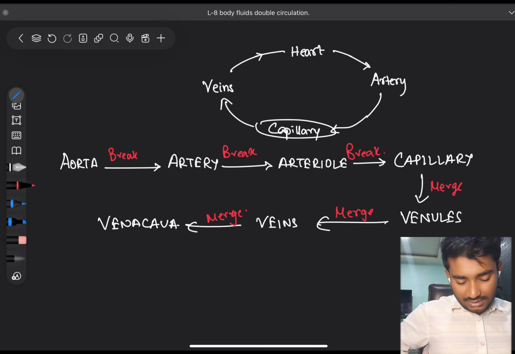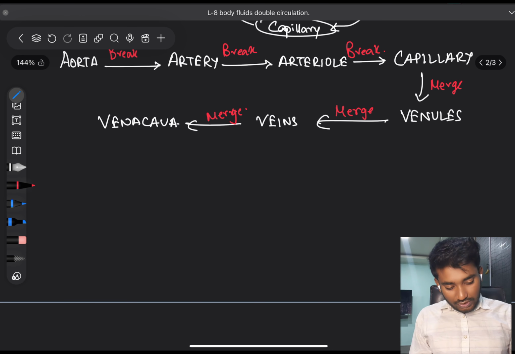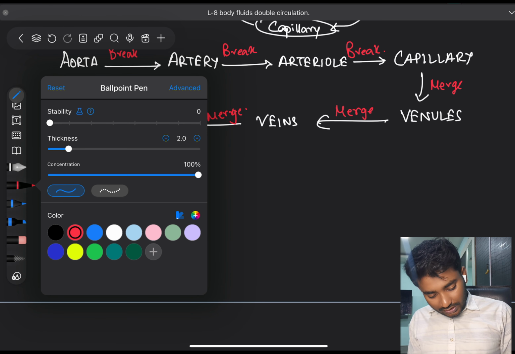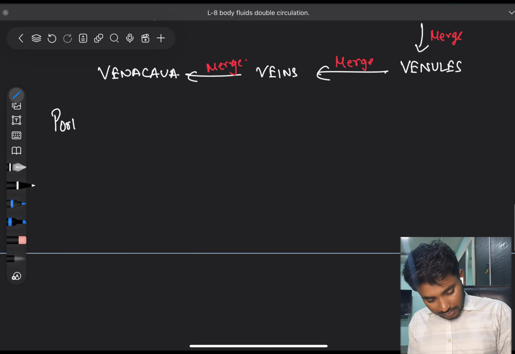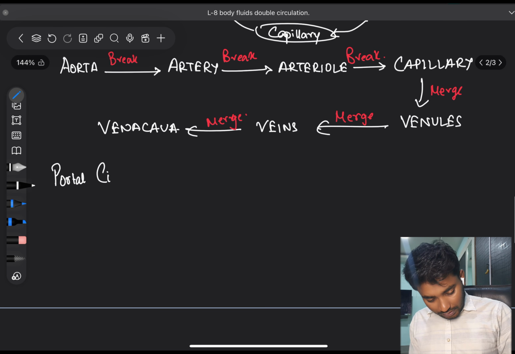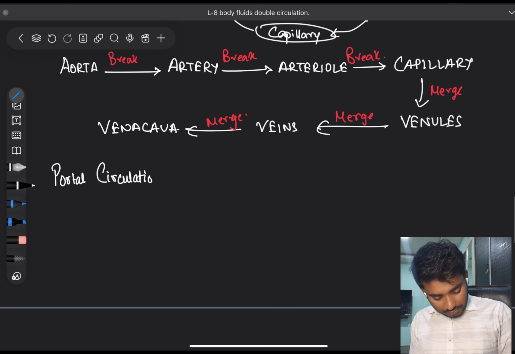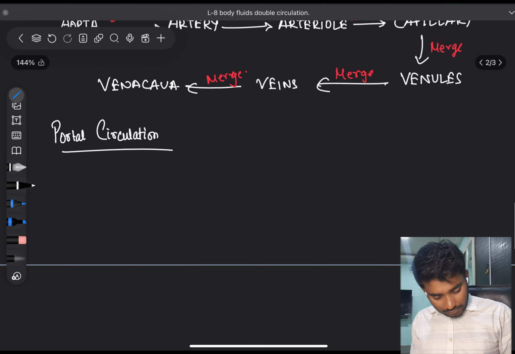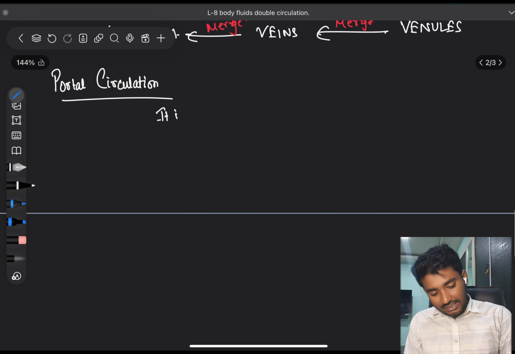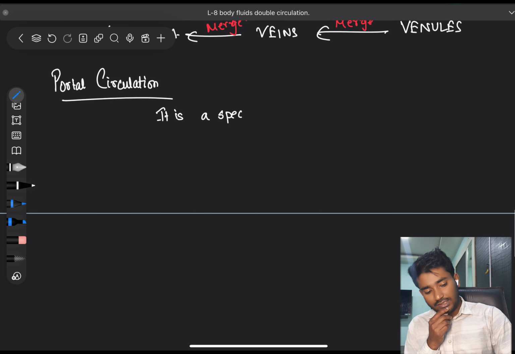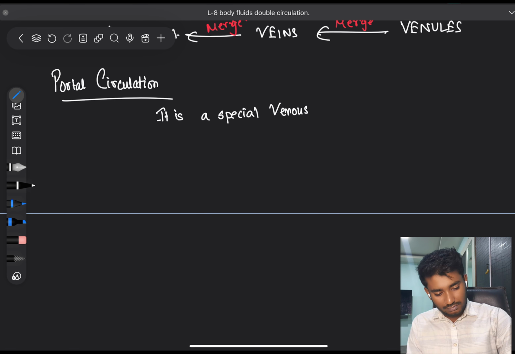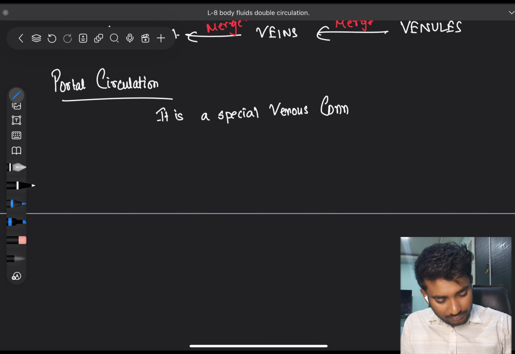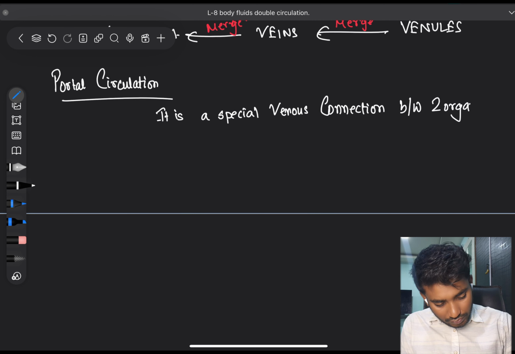Now I will define portal circulation. What is portal circulation? This is the normal circulation I have described. Portal circulation is a special venous connection between two organs.